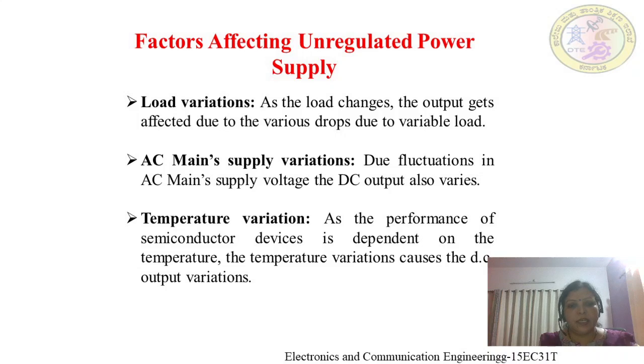The second point is AC main supply variations. All of us might have experienced, seen, or heard many times that due to surges or high current surges at home, devices or appliances which are not safeguarded by a stabilizer and are directly connected to the AC mains have burst or got damaged or caught fire.